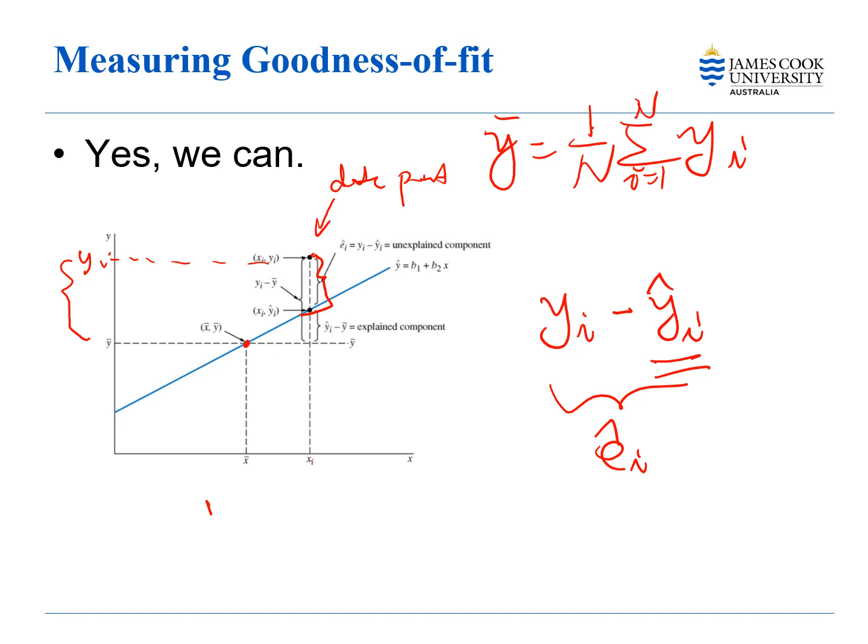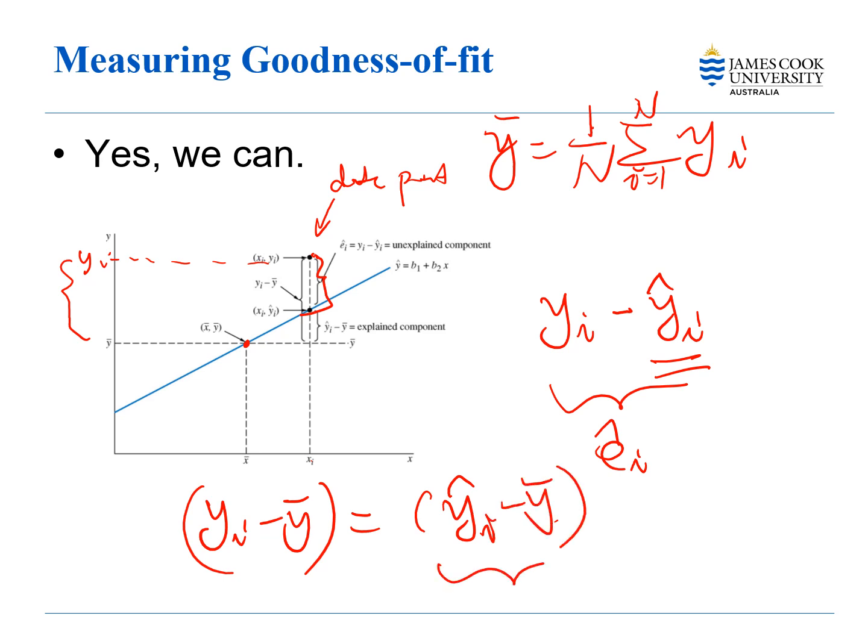So we can see that yi minus y bar, the deviation of this particular y from its sample mean, can be decomposed into two components: yi hat minus y bar, the component that is explained by our regression, plus ei hat, the component that is not explained by our regression.